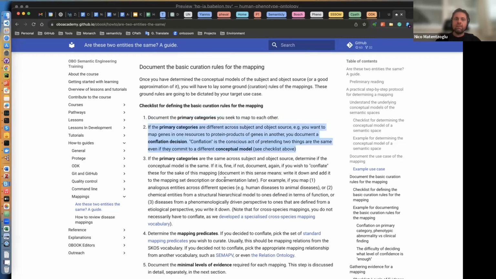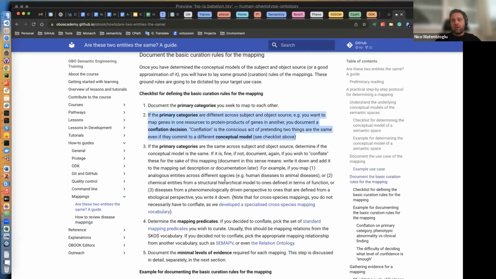Now, the next step is we want to decide whether we conflate the conceptual models of the two resources. Most of the time in biomedical data integration, if the two primary categories are the same, this is point 3, then we decide that conflation is okay.